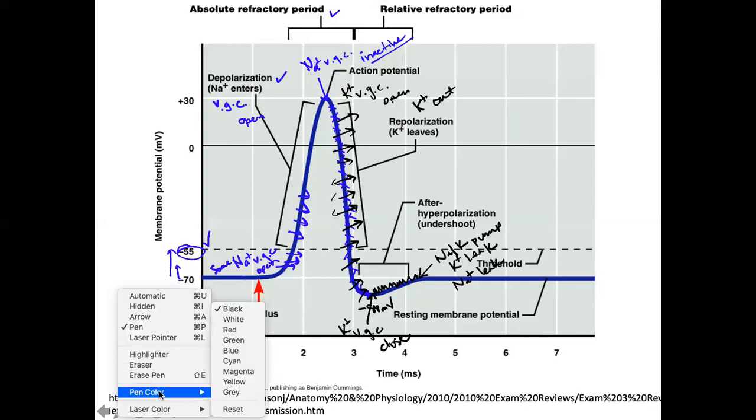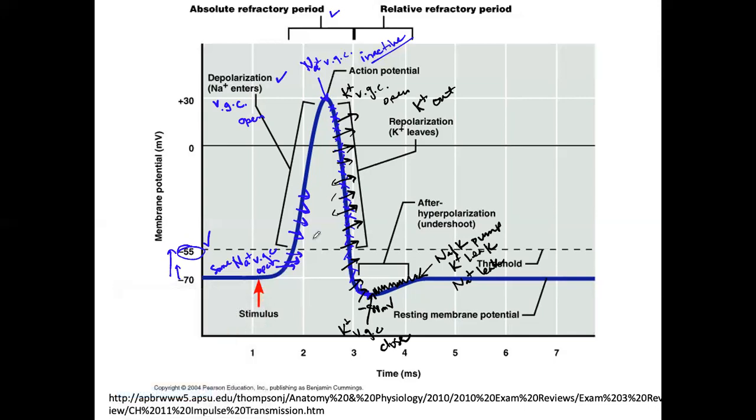So you can stimulate them to pop open again. Relative refractory period means that some of those sodium voltage gated channels that were inactive are reset to closed. Okay, and so if enough of them are reset to closed, when you zap it, you're going to get another action potential.